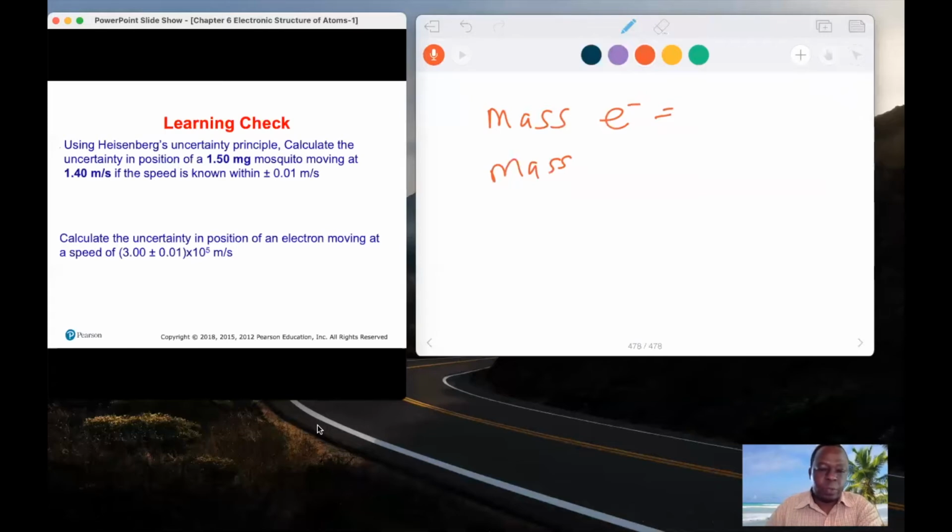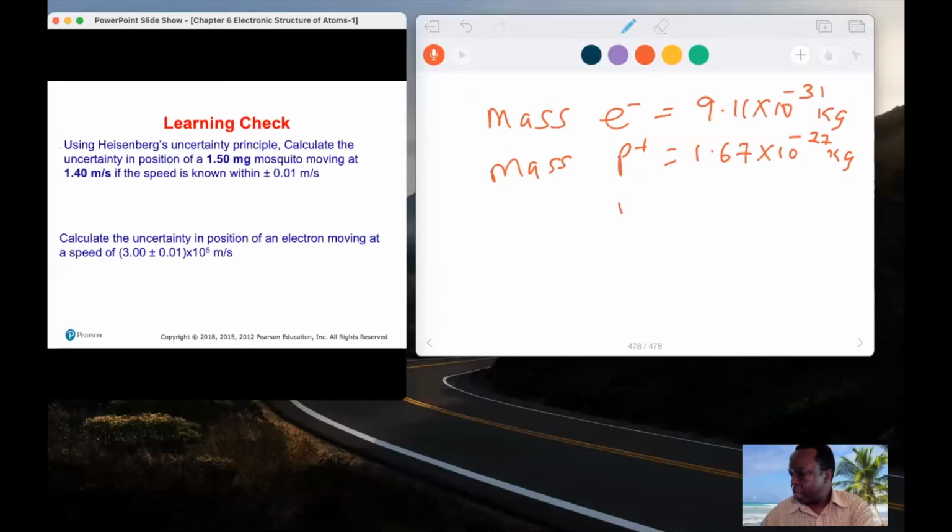For B, calculate the uncertainty in position of an electron. It turns out the mass of an electron is 9.11 times 10 raised to negative 31 kg. The masses of the proton and neutron, these are the subatomic particles, you will be given: 1.67 times 10 raised to negative 27 kg.